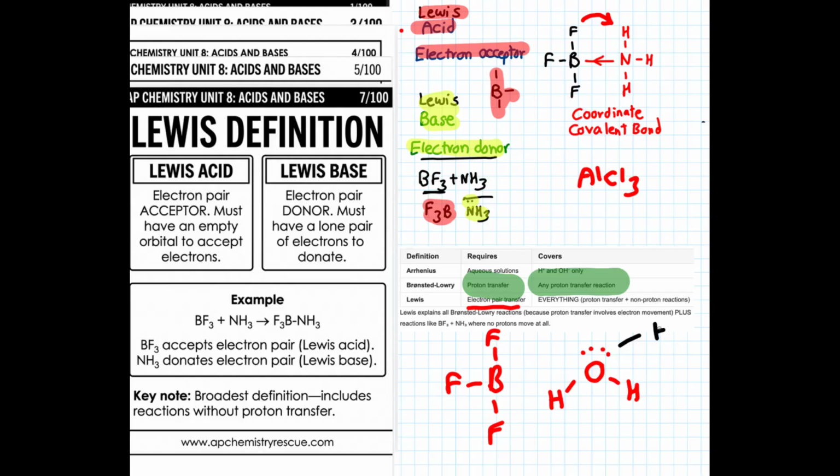The proton, when it comes to the bond, has no electrons to make the bond. It's just a proton. So in order to make a bond, it makes a coordinate covalent bond with the lone pair. So I can say that the water has donated a lone pair of electrons. That's why the electron donor is the Lewis base, and the proton itself has accepted the electron pair, so it is a Lewis acid.